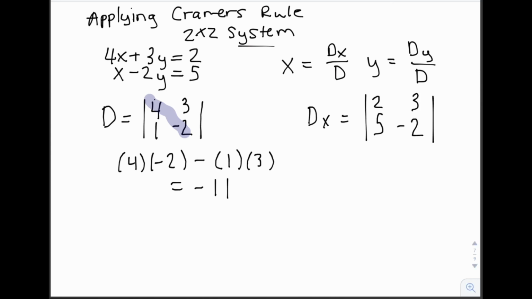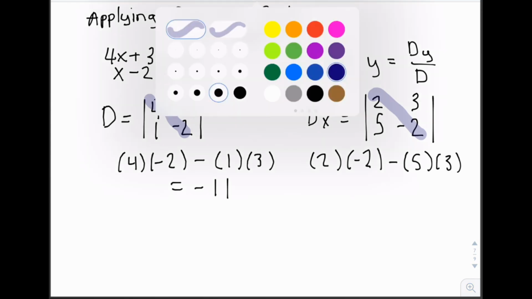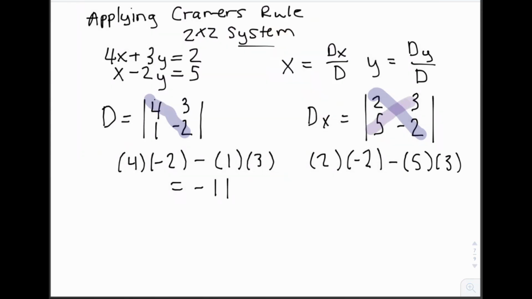We move in the downward direction first, so that gives us 2 times a negative 2, and then minus 5 times 3 in the upward direction. That should give us a negative 4 minus a 15, which is equal to negative 19.